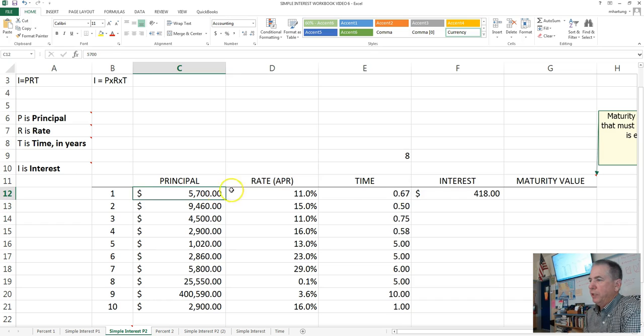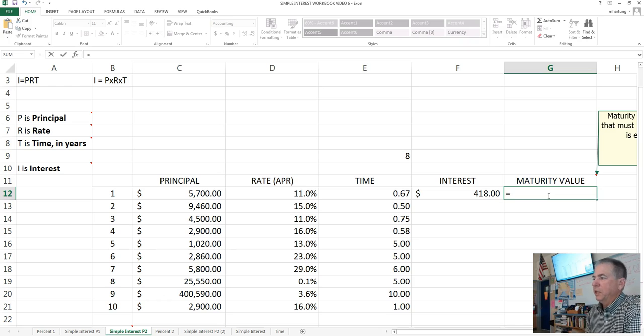The cost of borrowing that money is this $418. However, if you borrow $5,700, you still have to pay all of this back, plus you also have to pay back the fee or the interest for having borrowed that money in the first place. So you have to pay this back, and you have to add that to and pay that back. That's going to be called maturity value.